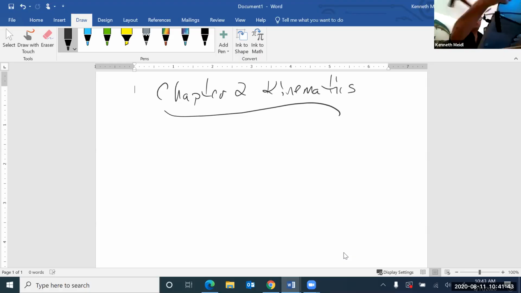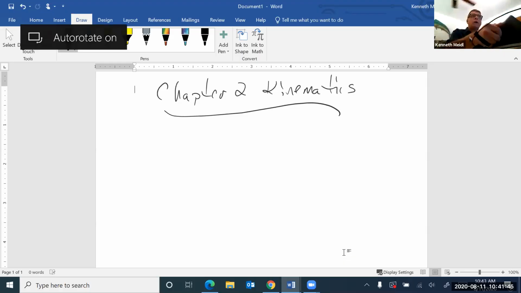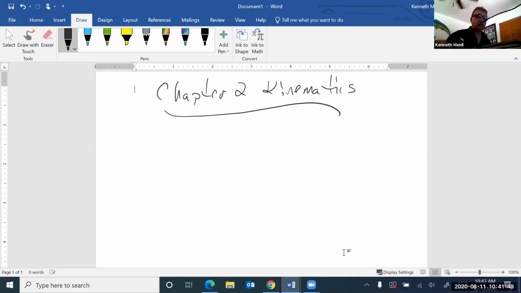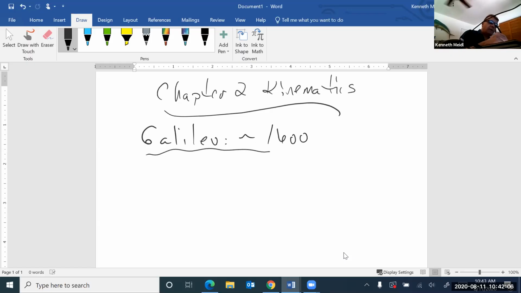And it really is the place where modern physics really starts. And really the key character here that gets us started is going to be Galileo. And the time frame that we're talking about is probably around 1600 or so.